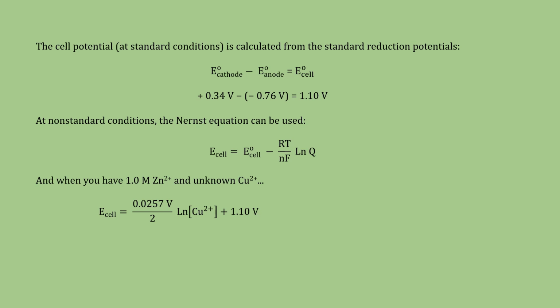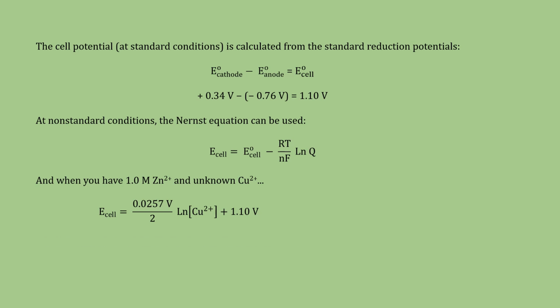The non-standard cell potential, which we'll measure, will be equal to 0.0257 volts divided by 2, the 2 being the electrons transferred, multiplied by the natural log of the copper-2 concentration, and add into that the standard potential, 1.10 volts.